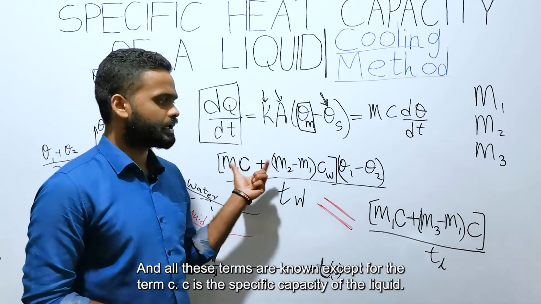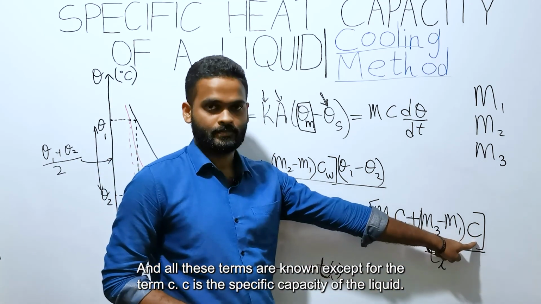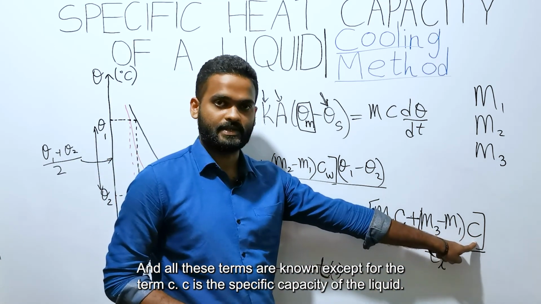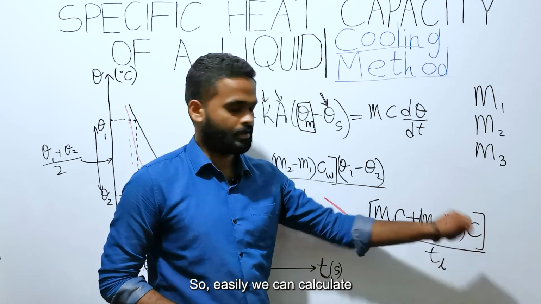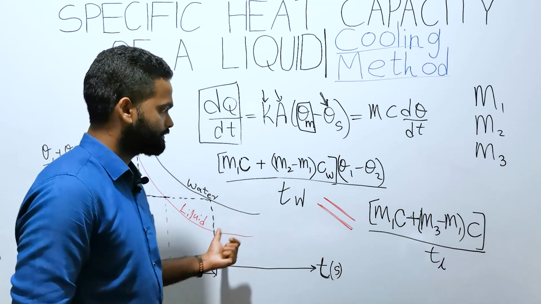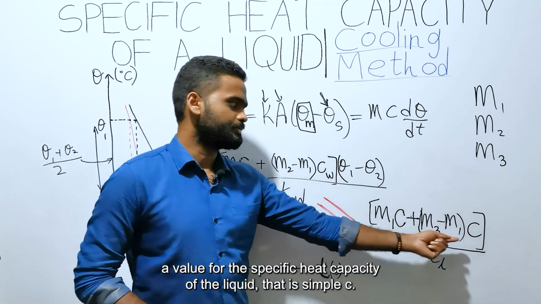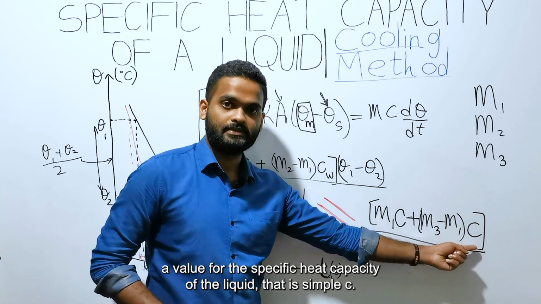And all these terms are known except for the term c. c is the specific heat capacity of the liquid. So easily we can calculate a value for the specific heat capacity of the liquid, that is simple c.